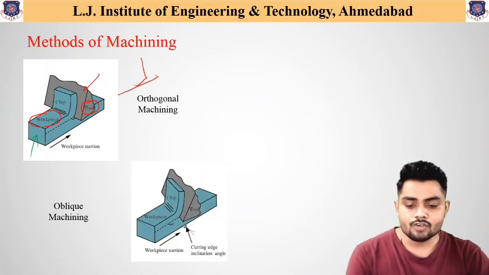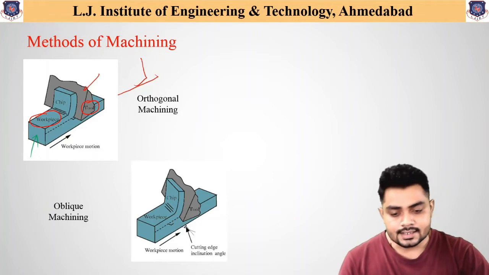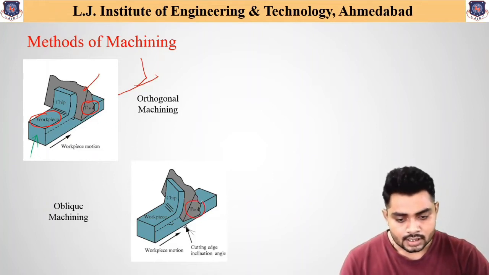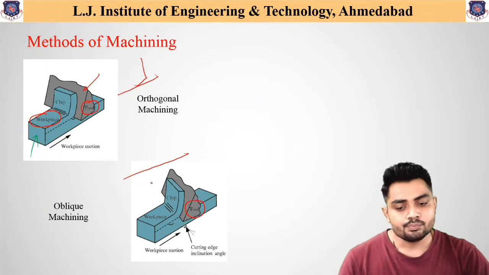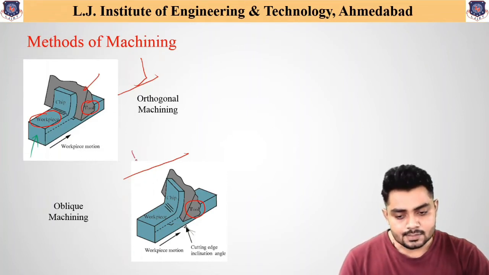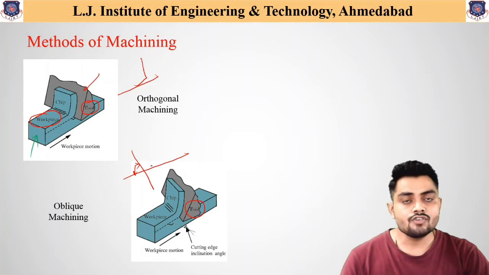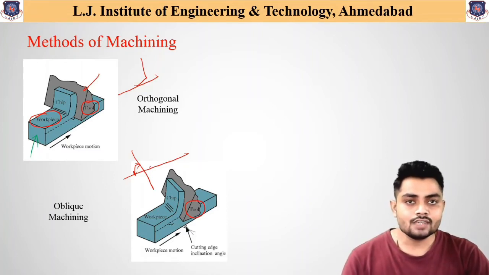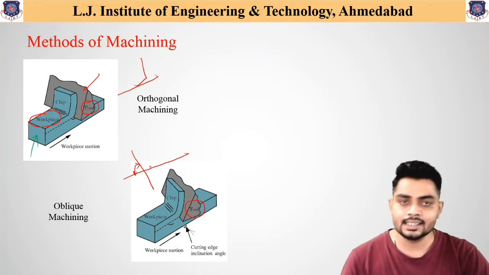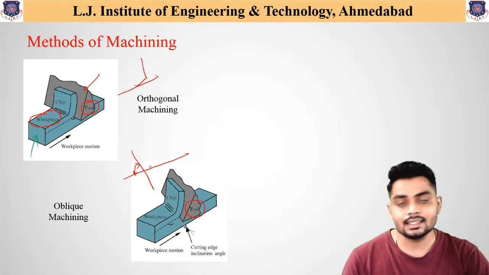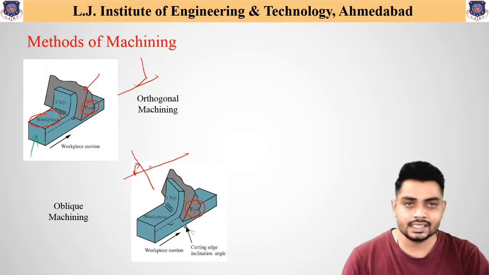Whereas in the case of oblique machining, you can see that this cutting tool is inclined by a certain angle with the workpiece, which you can see over here. If the workpiece is placed like this, then this particular tool is provided at a certain angle which is not 90 degree. That means in orthogonal machining, the cutting tool and the workpiece are at 90 degree, whereas in oblique machining it is other than 90 degree, inclined at a certain angle, and that's why it is called the oblique machining process.